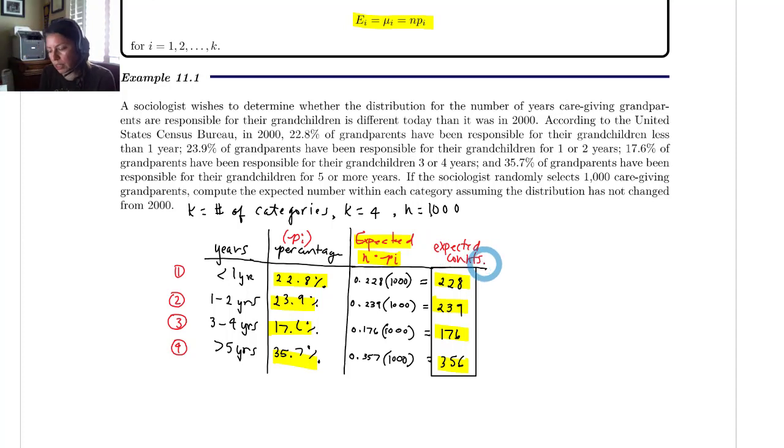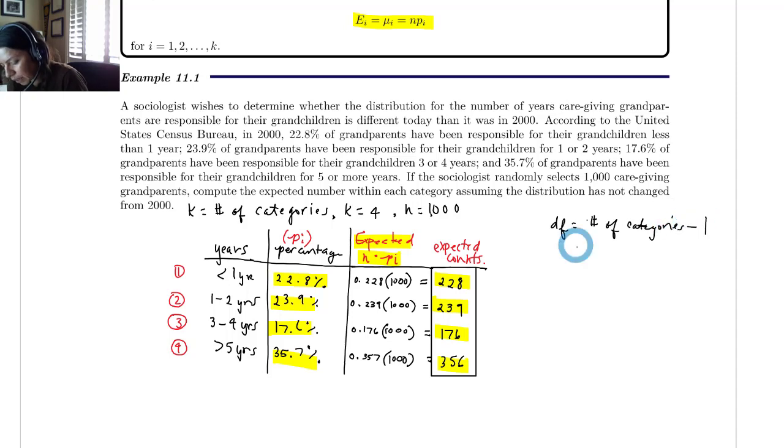And so if we wanted to see the degrees of freedom, the degrees of freedom in this case is the number of categories minus 1. So we had 4 categories, and then minus 1, that's equal to 3. So you can see the degrees of freedom here, on a side note, is quite small.